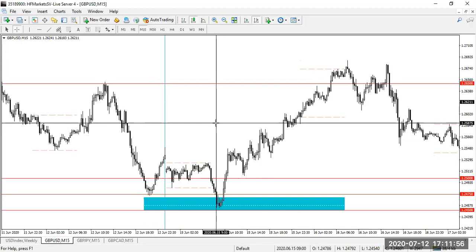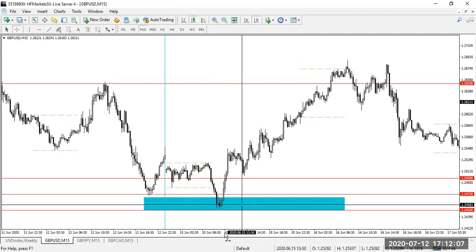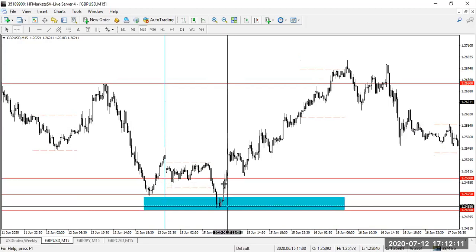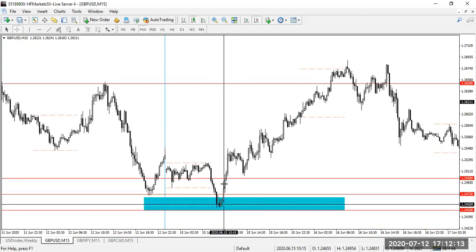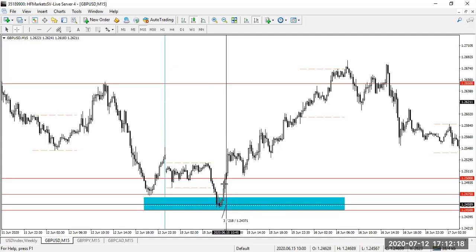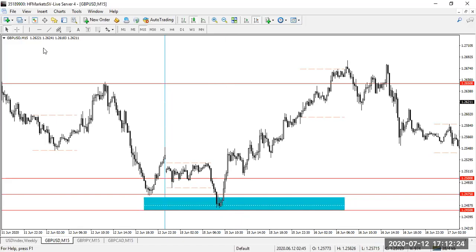But if you're in front of your computer as the London market is opening at 9 o'clock, when you see this candle, it is an advantage if you buy before seeing this bullish candle here, because you'll buy at a very good price. Instead of having a stop loss here, it will be way down here, and that will give you an even better entry.